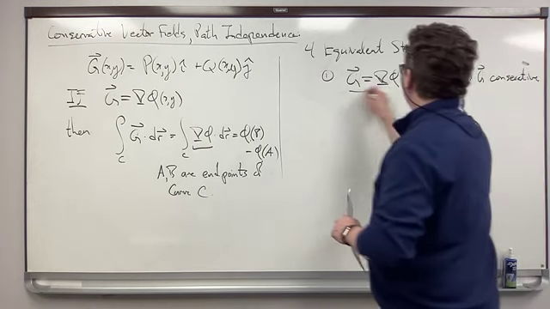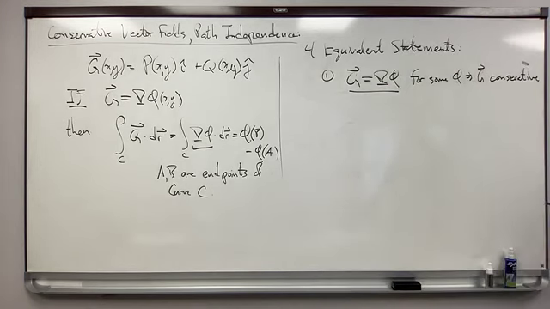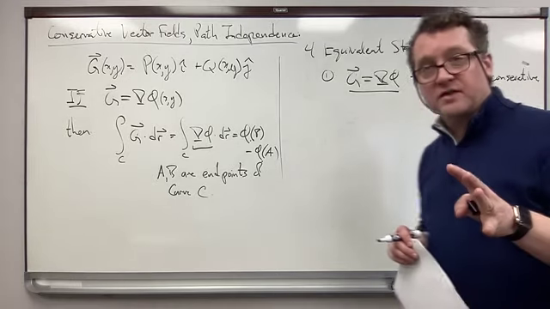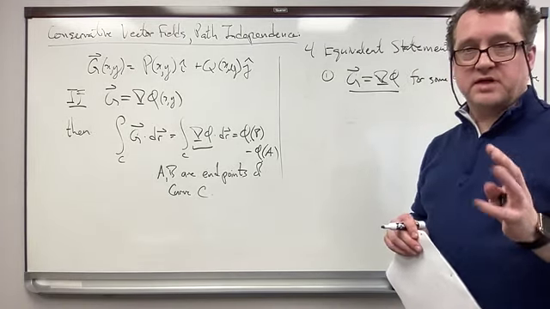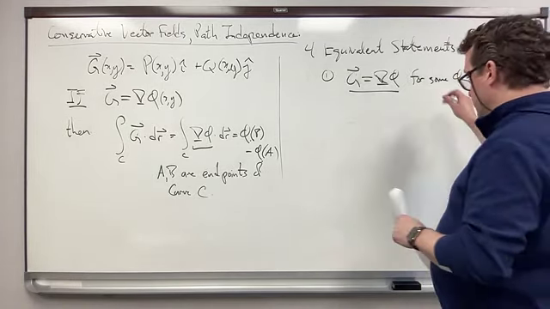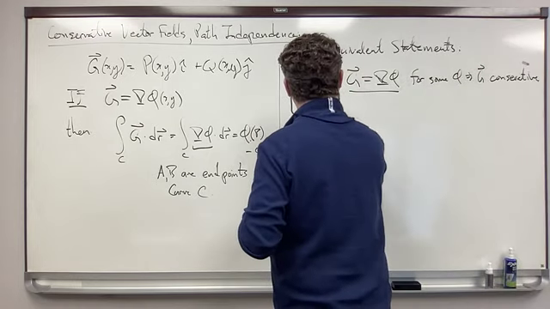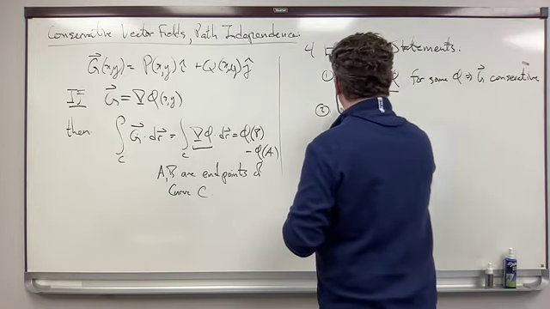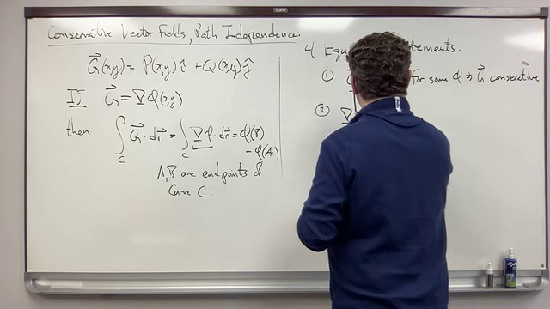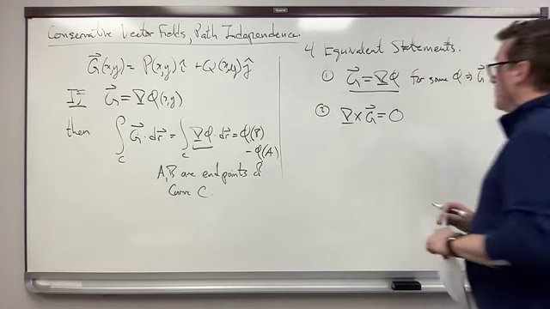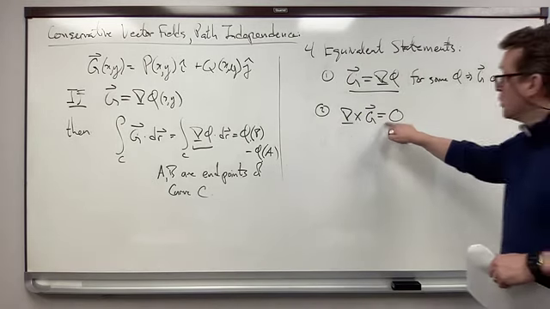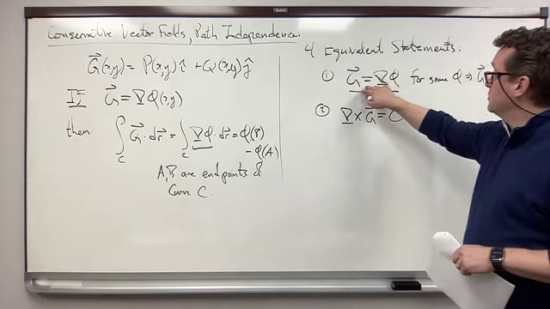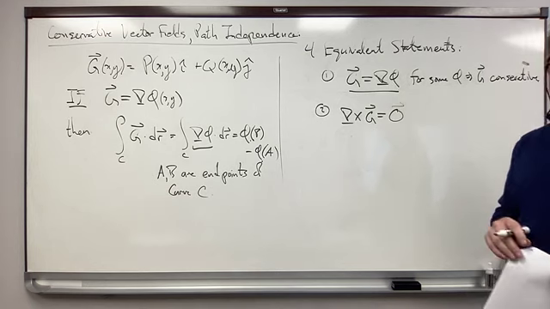If G equals the gradient of a scalar, and not every vector field is equal to the gradient of some scalar, if it is, it's conservative. If that's true, then this would be true. That means the curl of that thing must be 0. If the curl is 0, this must be true. If this is true, this must be true. This is actually going to be our test of conservativeness.